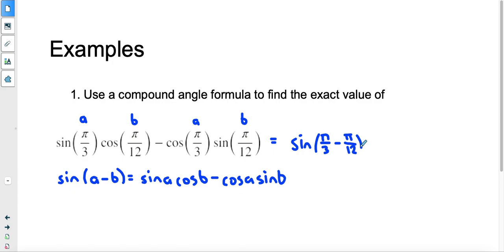And we can simplify this some more, right? Because pi over 3 minus pi over 12. If we write this so that it has a common denominator, well, pi over 3 is the same thing as 4 pi over 12, and pi over 12 would stay the same.